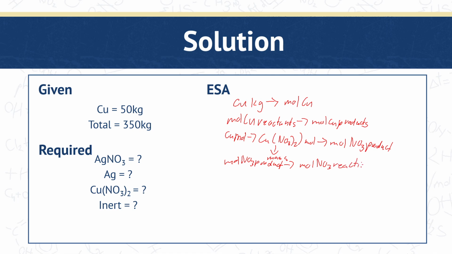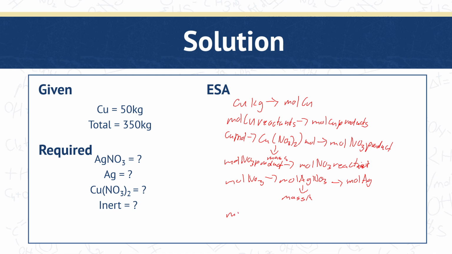And then we can apply this once again to turn our moles of nitrate inside our reactant into our moles of silver nitrate. And from our moles of silver nitrate, we can get both the mass of silver nitrate and also the amount of the moles of silver inside our system.